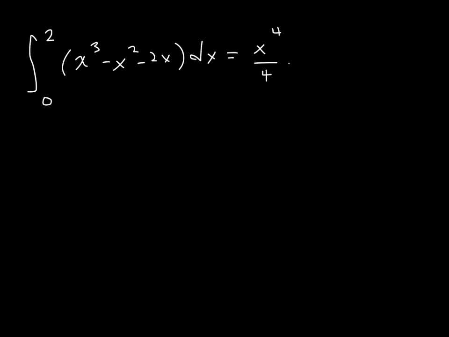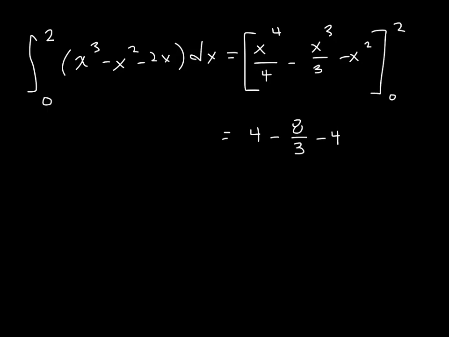x to the fourth over 4 minus x cubed over 3 minus x squared, in brackets with our limits. So this is 2 to the fourth power over 4. 2 to the fourth power is 16 over 4, so that's 4, minus 2 cubed is 8, so 8/3, minus 4, and all of that minus 0.